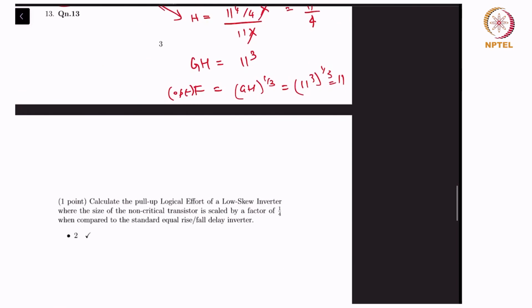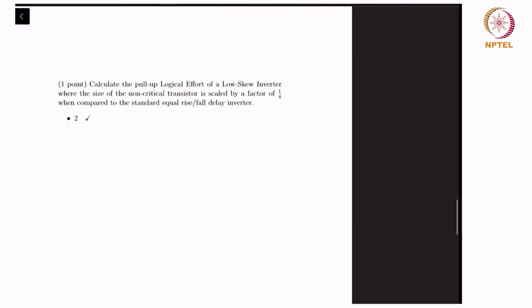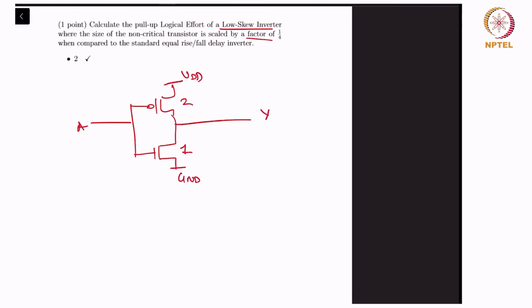In question 13, calculate the pull-up logical effort for a low skew inverter where the size of the non-critical transistor is scaled by a factor of 1 by 4. So this is a low skew inverter. Let's first just draw the regular 2-1 inverter. Right, so that's 2 and 1, VDD, ground, A1.